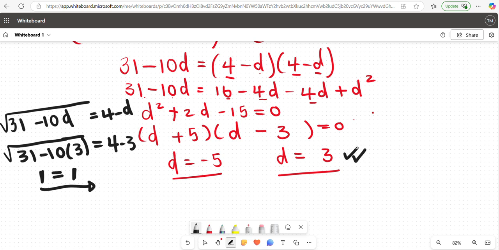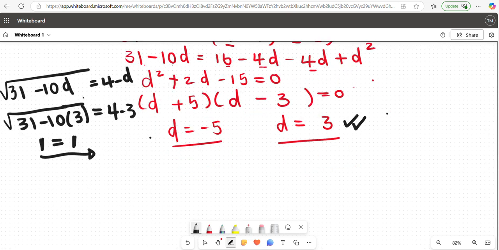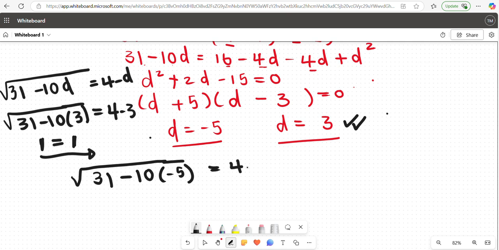So let's try this next one. Let's test the next one. And to test the next one is pretty much the same idea. We need to just substitute into that equation that we have at the top, which is 31 minus 10 in bracket the negative 5, and I want this to be equal to a 4 minus a minus 5.